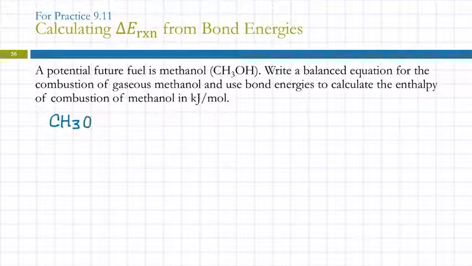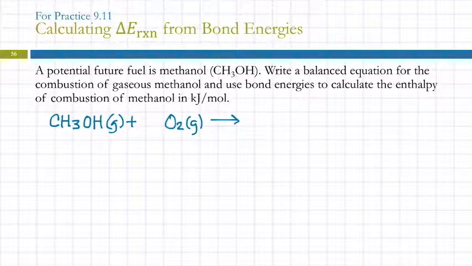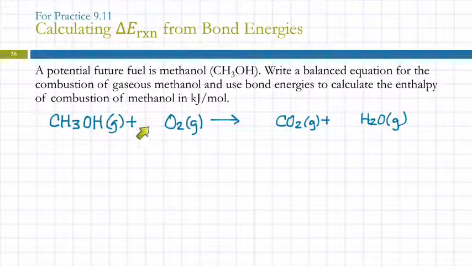Oxygen. So we have CH3OH, and it's going to react with oxygen. This compound has carbon, hydrogen, and oxygen only. What are the products? CO2 and H2O. So we've got enough oxygen, and we're going to get carbon dioxide and water.